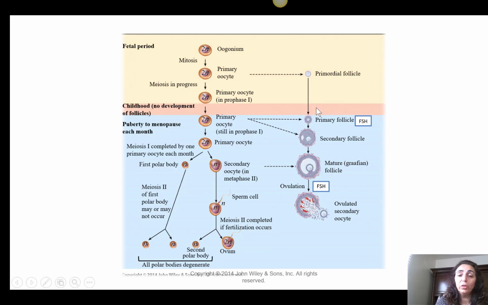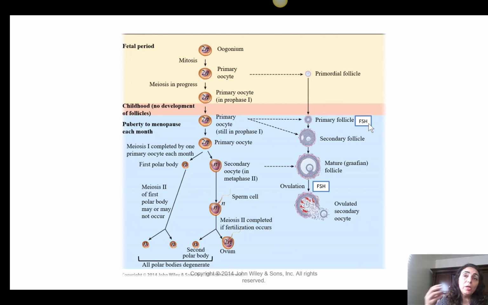Then, after puberty, under the influence of the hormone FSH, follicle stimulating hormone, what does the name say? It says this hormone is stimulating the follicles to grow, right? The secretion of FSH starts after puberty under control of the hypothalamus.